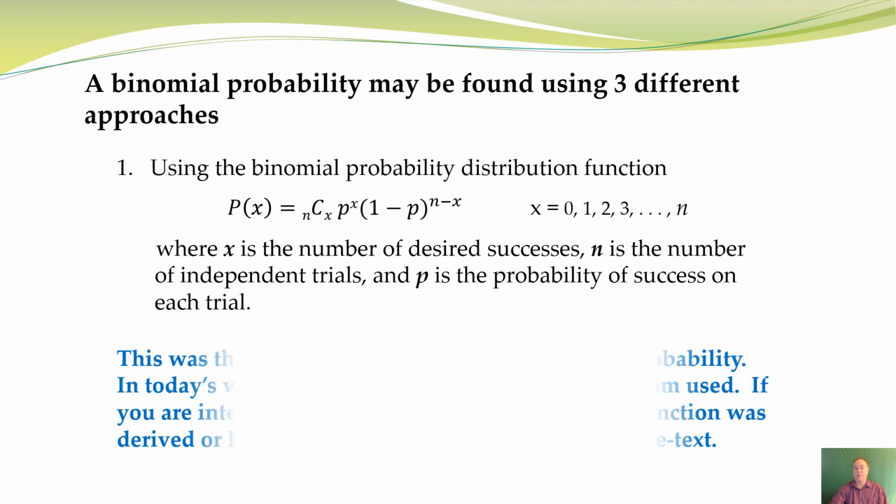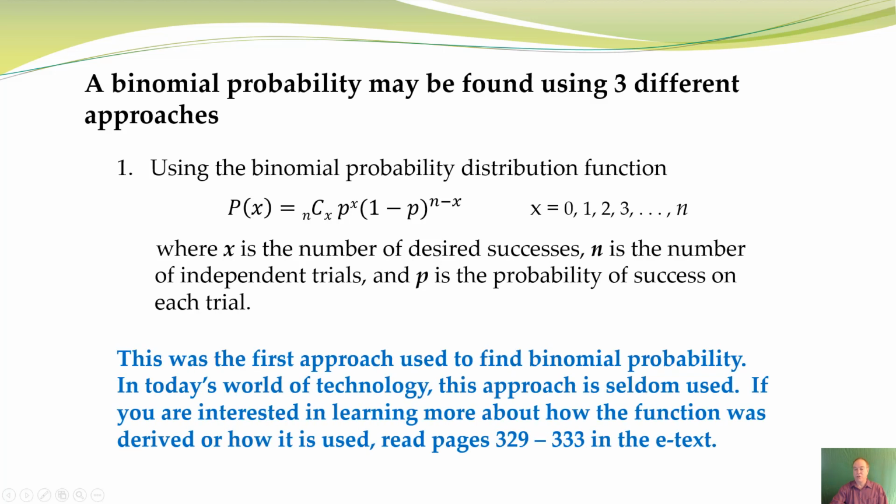This was the first approach, and the formula is given in the book. A lot of times they want you to use the formula, but you don't need to use the formula with today's technology. If you are interested in learning more about the function and how it was derived and used, read pages 329 to 333 in the e-text. But we will not be using the formula.